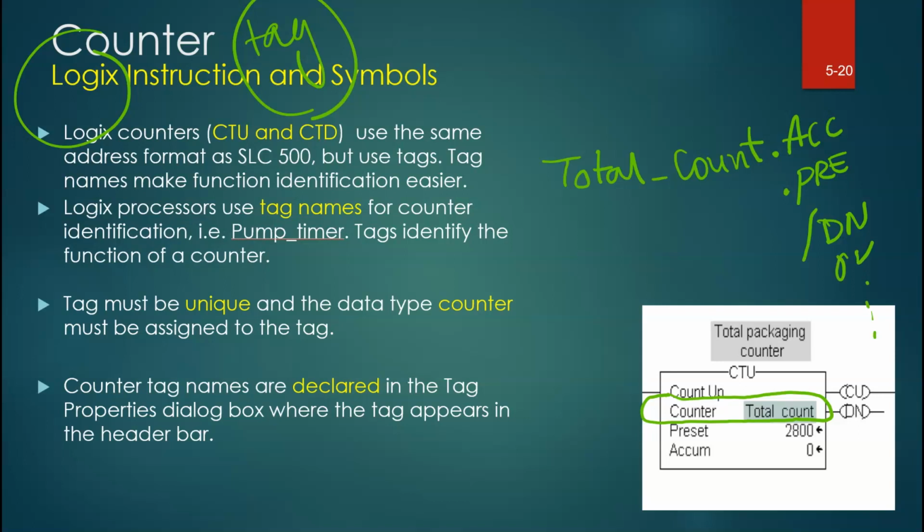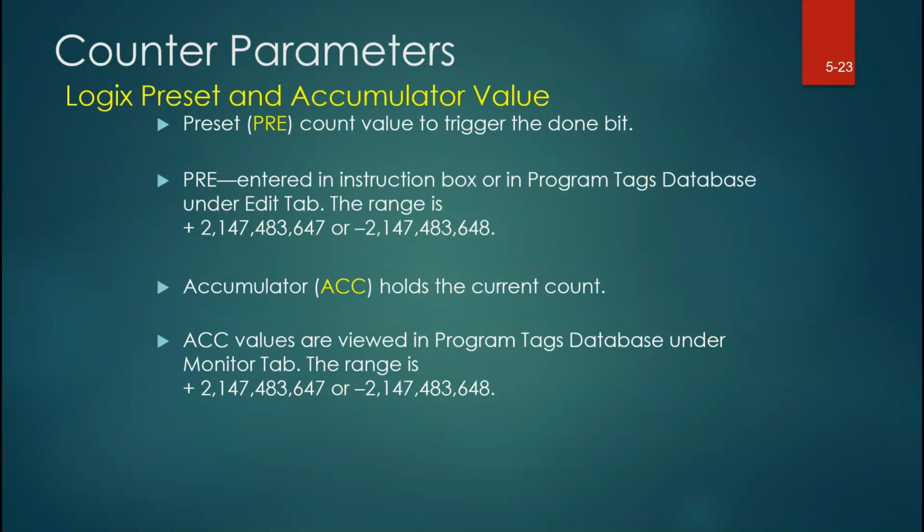The other difference between these two parameters in logics and rack-based system is the size of the value that you can use for your accumulator and preset. Here the preset is 2 words and the accumulator is 2 words as well. So both of them are 2 words.